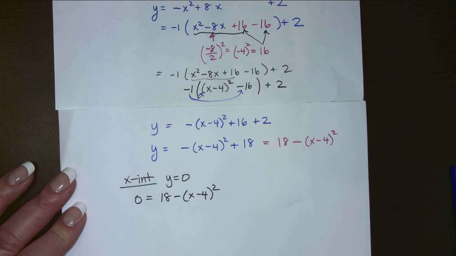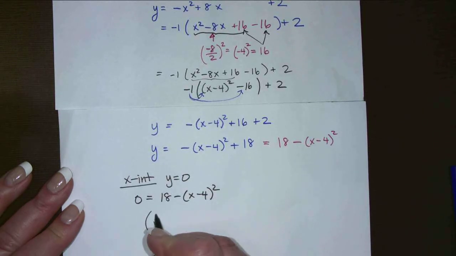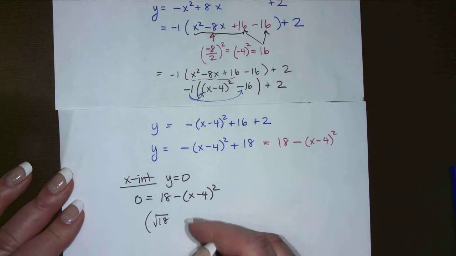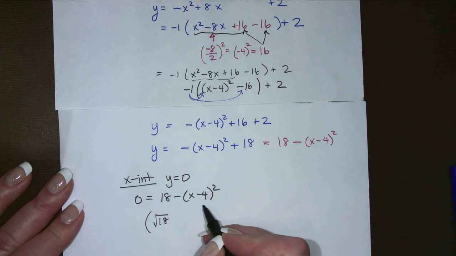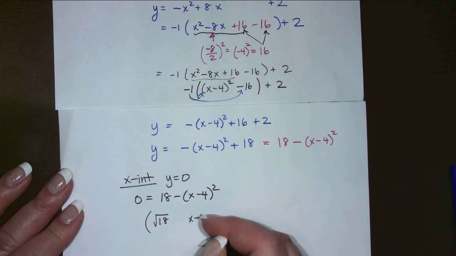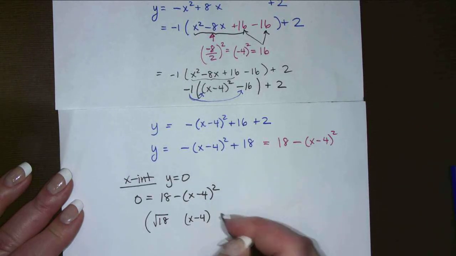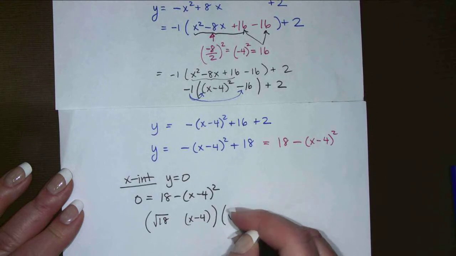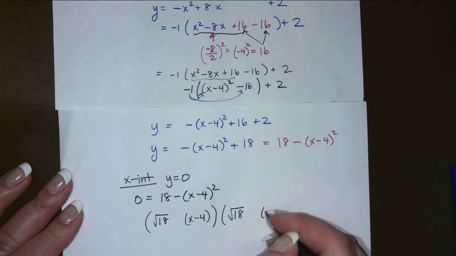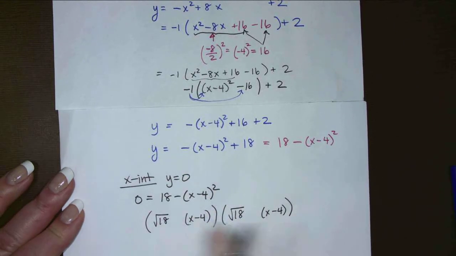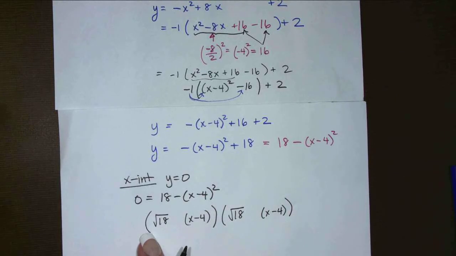Yeah, it is root 18, like that 16 works, and right, but 18 doesn't. So what would we have? Root 18. And what's the square root of this one? X minus 4. You can put a bracket around it if you want. And then root 18, x minus 4, right? Square root of 18 is root 18. It doesn't work. We can reduce it, but let's not worry about that.